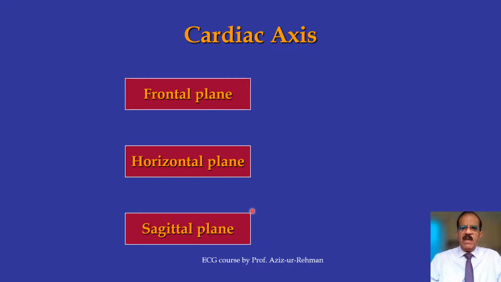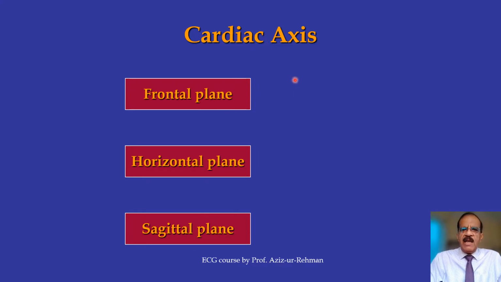Horizontal plane would be like this one. If you cut a section of my body like this, that would be the horizontal plane, and if you cut a section like this, vertical, this would be the sagittal plane. These are the words we use in anatomy, and also in radiology: frontal plane, horizontal plane, and sagittal plane.